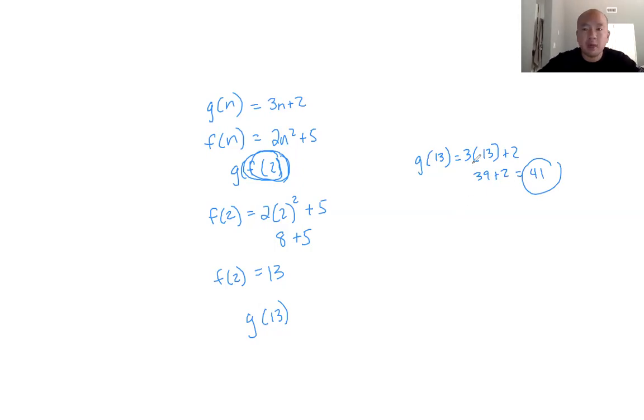So let's do the next problem, which is, again, they're going to throw you a curveball here. Let's say I had H of A equaling 3A, and actually forget that problem. Let's clear that problem.